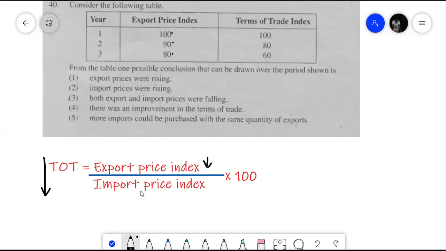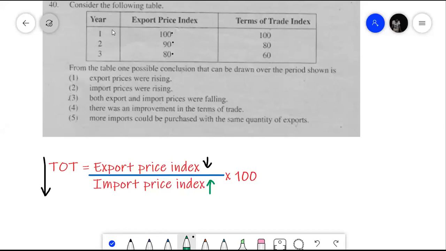What can you tell about the denominator or the import price index? These basic maths, just think, what can you say? You can say that this has been rising, no? This has been falling, but for this to fall even more, that means your import price index has been rising.